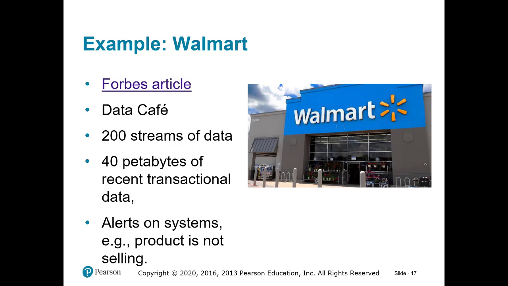And it contains a petabyte, which is a big number. I think it's 1,000 terabytes of transactional data. It contains transactional data for the last 2 or 3 weeks. But the point is Walmart will use it for decision making.